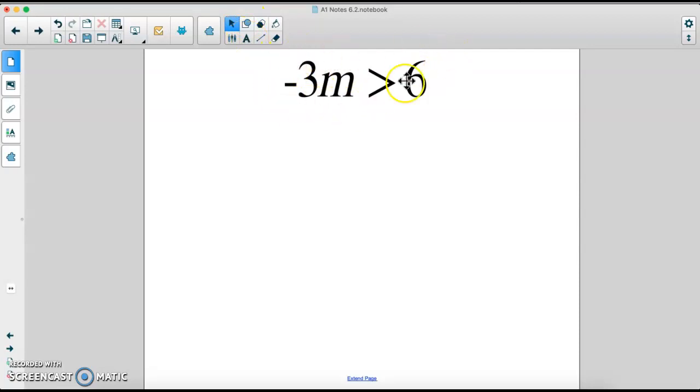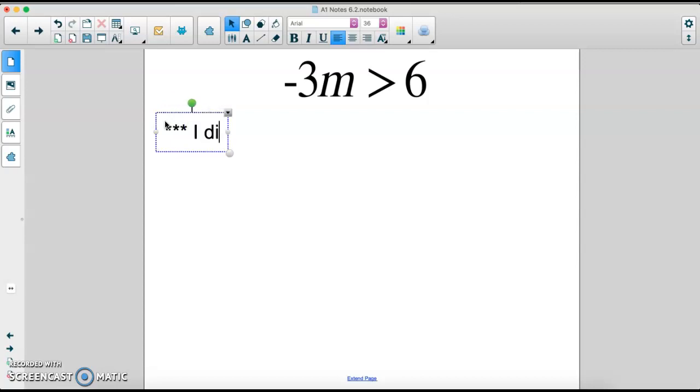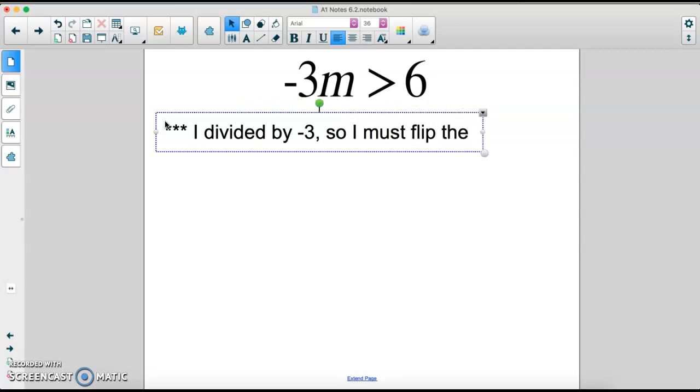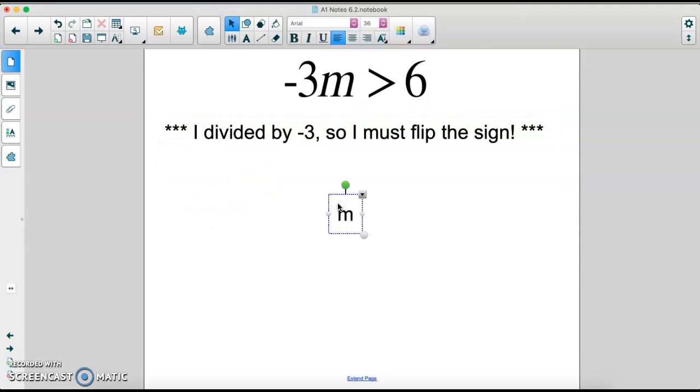All right, here's another one. Divide both sides by that negative 3. Except this time, because I multiplied or divided, let's jump up here actually. I divided by negative 3, so I must flip the sign. When we do that, we get m is less than negative 2.